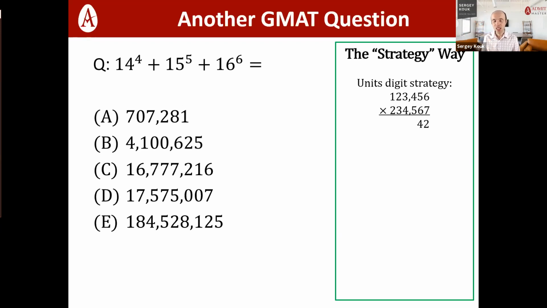within literally 10 seconds, we know what the last digit is going to be. And because the GMAT is a multiple choice exam, very often that is all we need to do. In fact, look at the answer choices. You would notice that all of them have different units digits, except for B and E. And when we find the units digit of the result, hopefully it's not going to be 5.